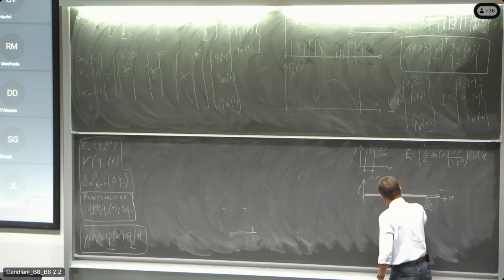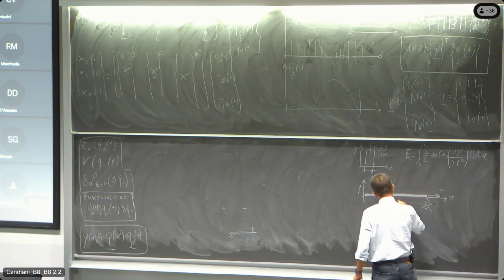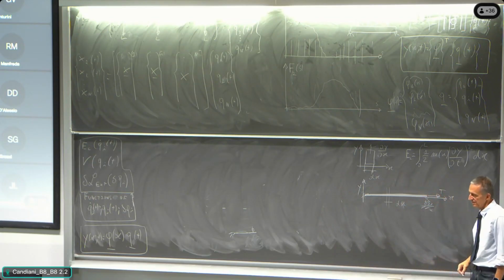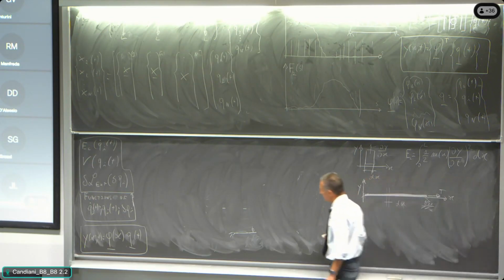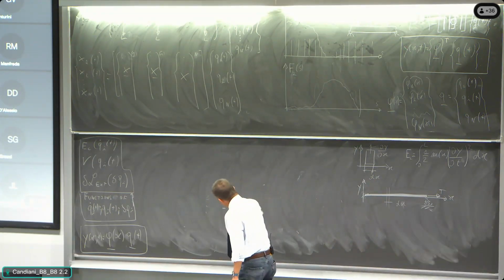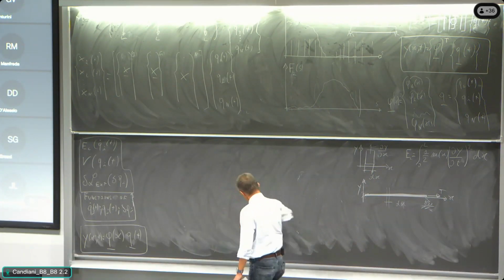I have an element of this length dx, all right? I want to write the kinetic energy in order then to write the Lagrangian approach. We must know the Lagrangian approach for dynamics.